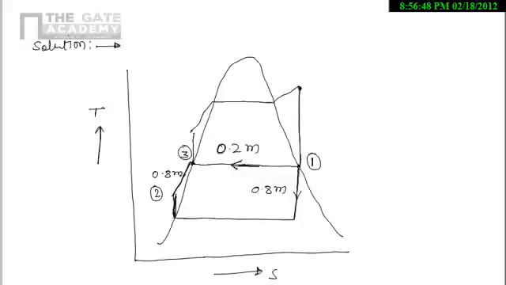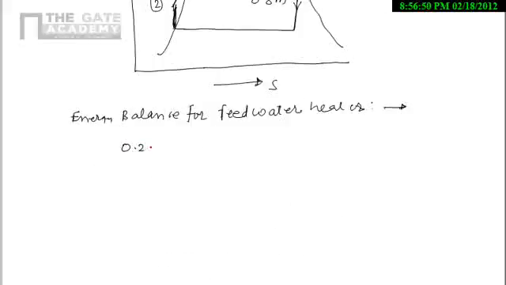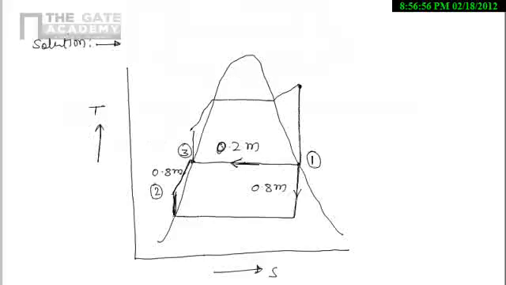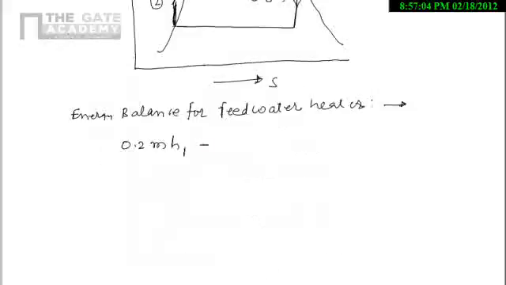So I write 0.2 m of steam at enthalpy H1. It is mixing with 0.8 m of water at enthalpy H2.